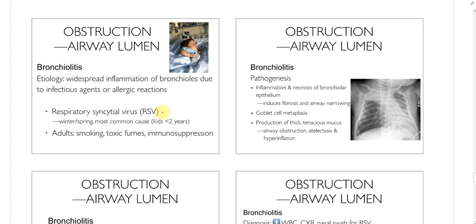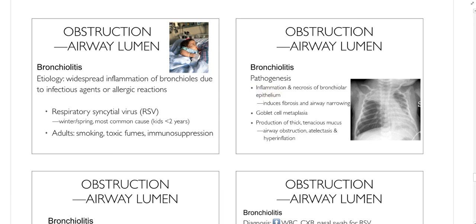RSV is a common cause for bronchiolitis. This occurs primarily in winter or spring, and it's pronounced respiratory syncytial virus. And it's the most common cause of bronchiolitis in kids under 2 years old. In adults, we can have smoking or toxic fumes or immunosuppression in general leading to bronchiolitis.